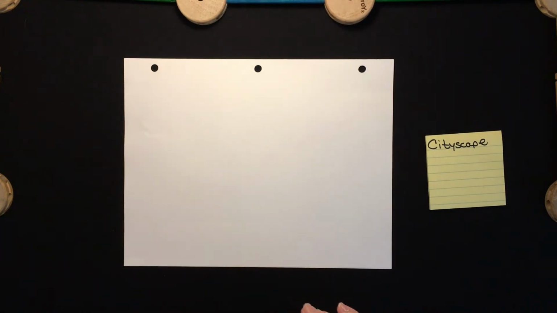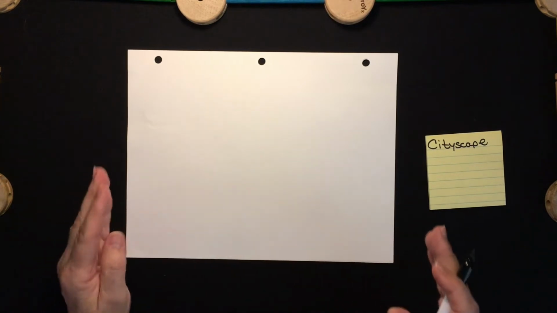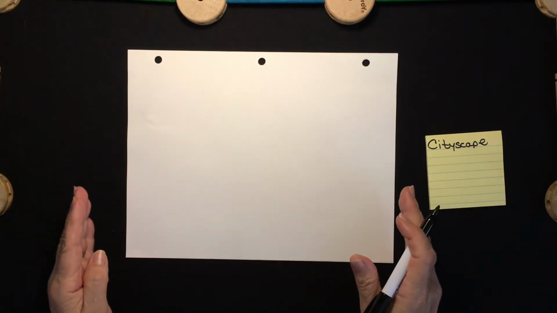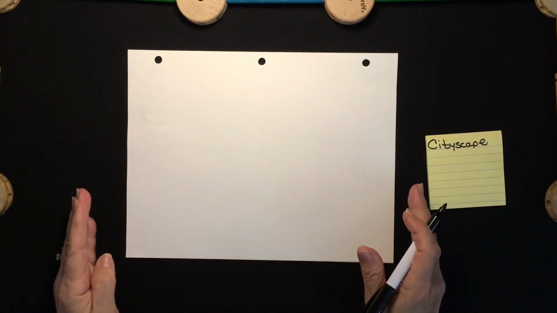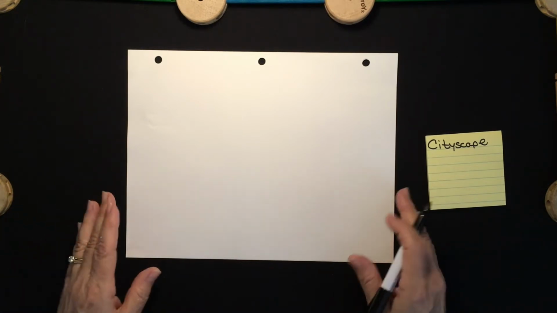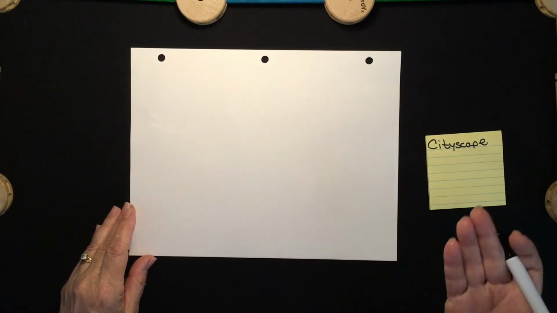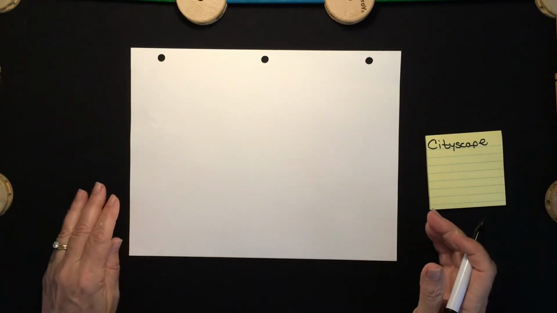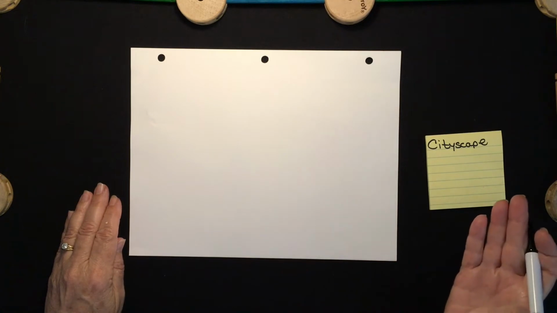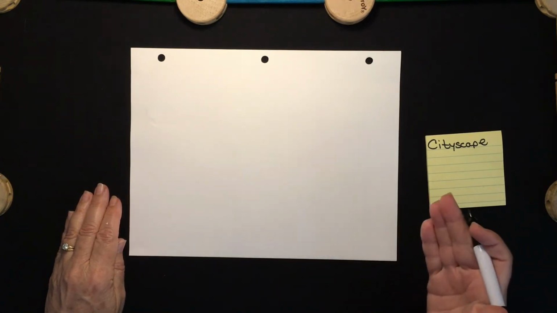Now I'm going to show you in some steps how to draw a cityscape, but I don't want you to feel locked into doing exactly what I'm doing. I want you to feel free to make a different kind of tree or a different kind of car. I'm just going through some steps that I might suggest that you try. You might want to do it my way the first time and then create another cityscape using your own way of doing it.